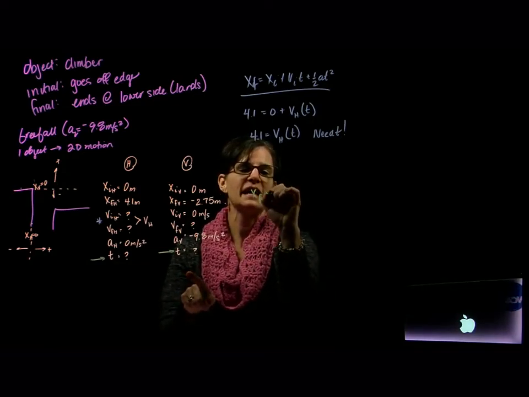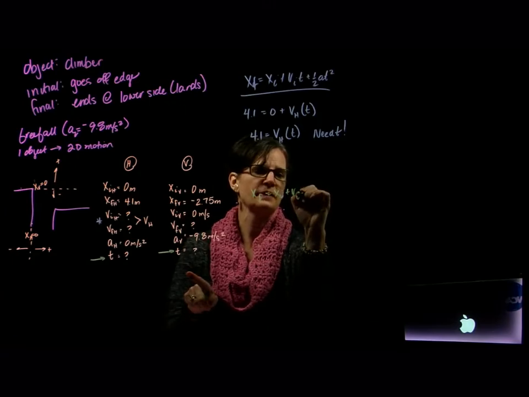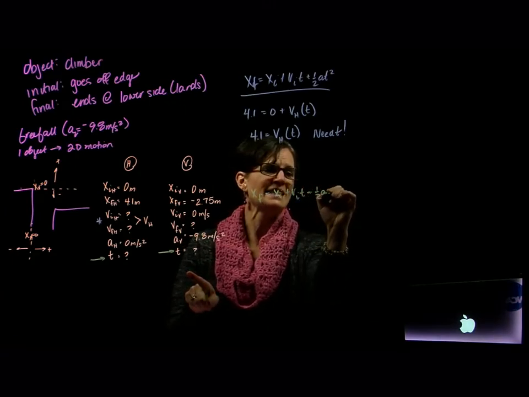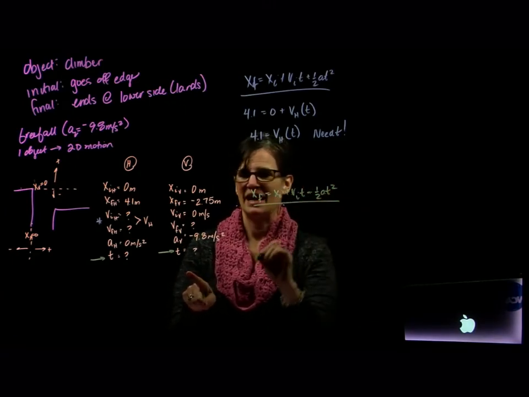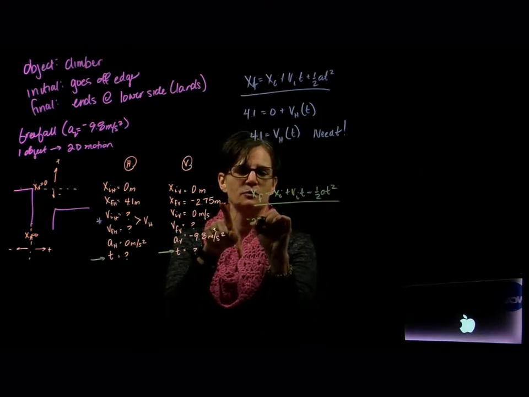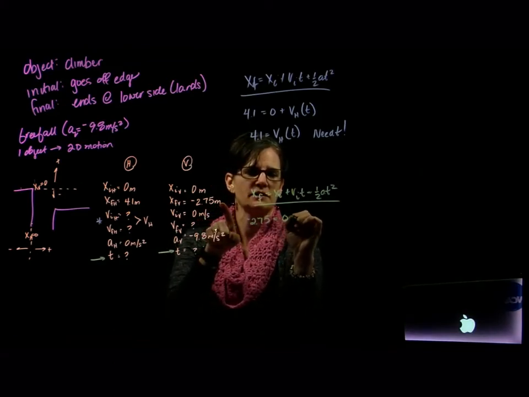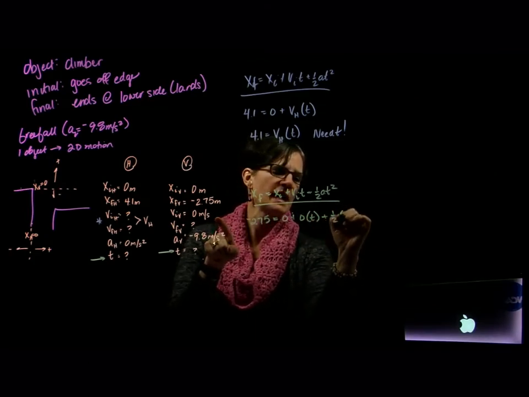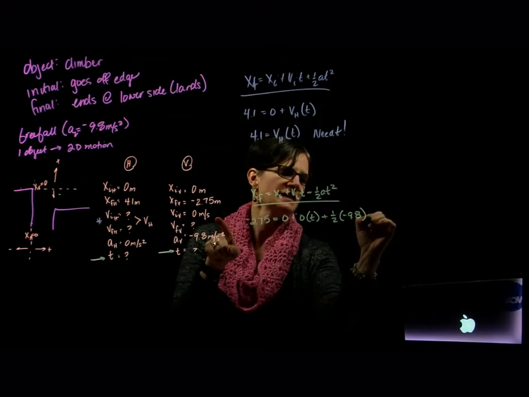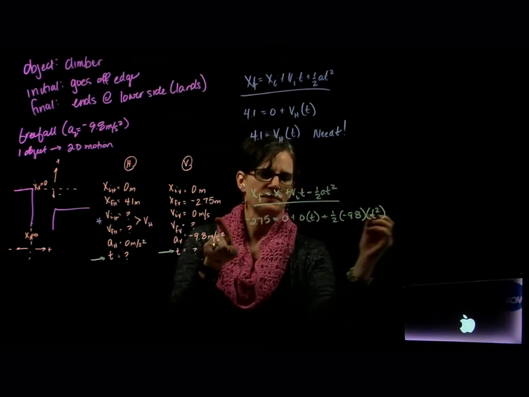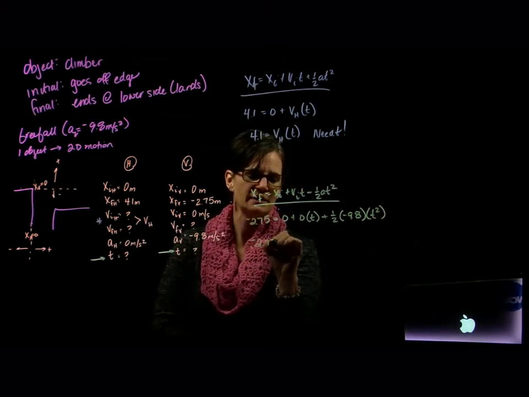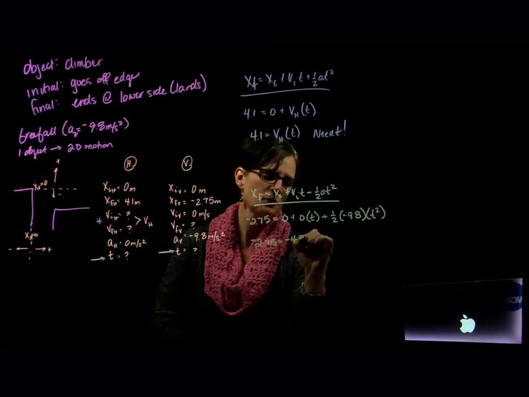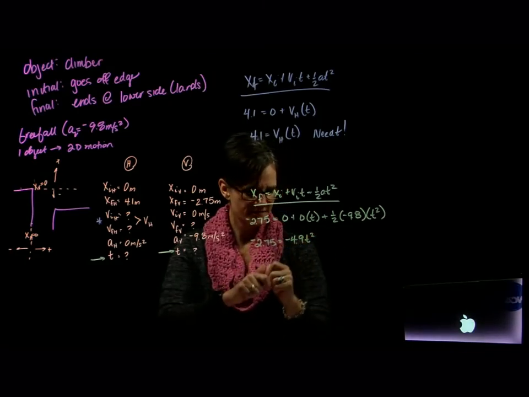Using the same relationship, as I have the information in there that I need, I get negative 2.75 equals 0 plus 0 times t plus 1/2 negative 9.8 t squared. I get minus 2.75 equals minus 4.9 t squared.